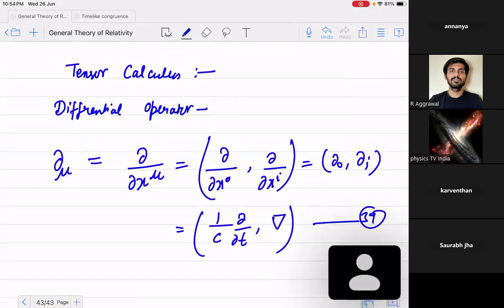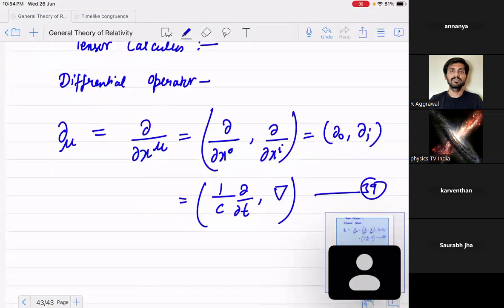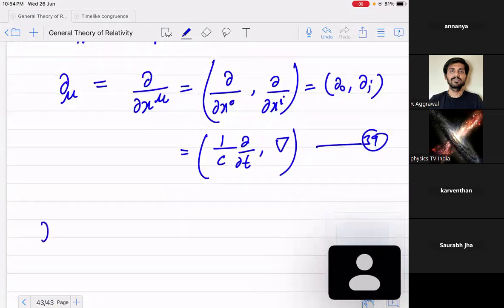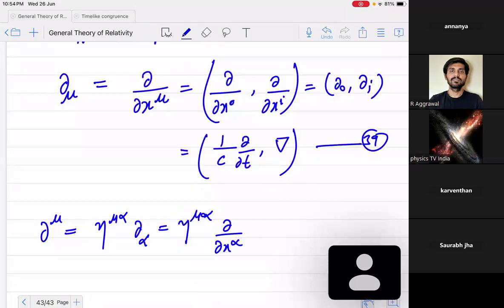Similarly, there is another differential operator, del mu, which is eta mu alpha del alpha, which is eta mu alpha del over del x alpha, which is del over del x mu.